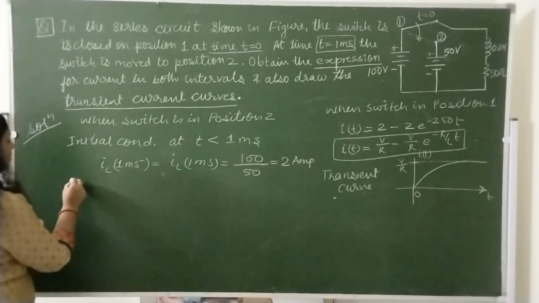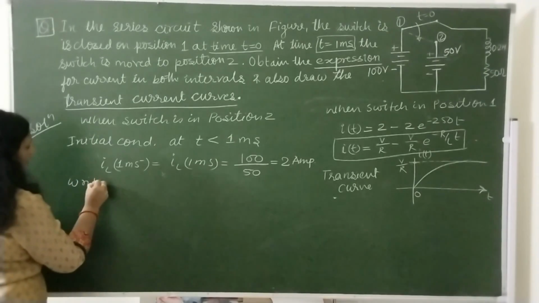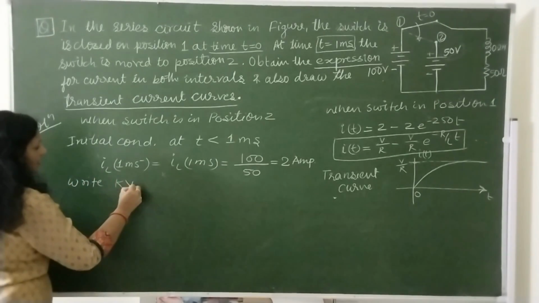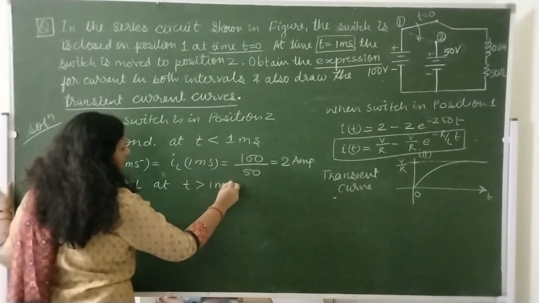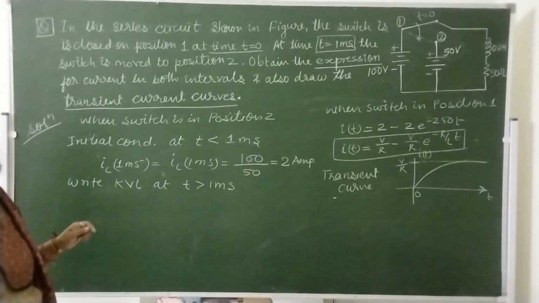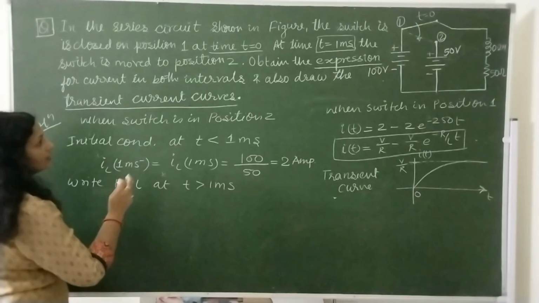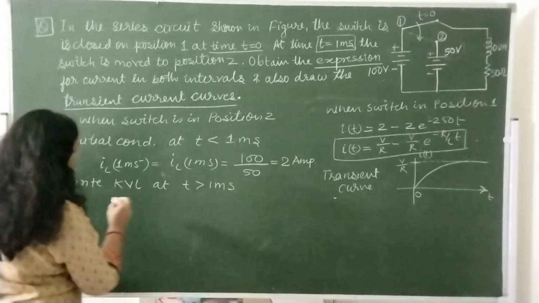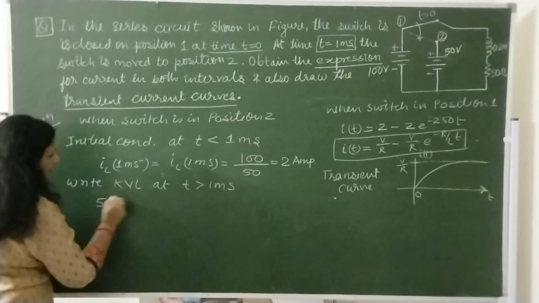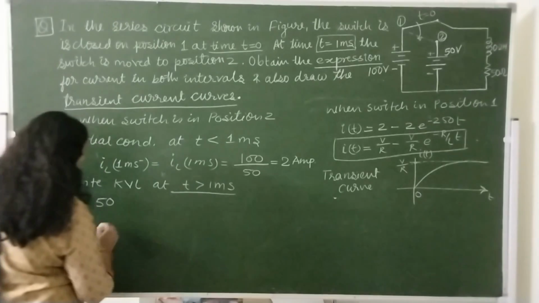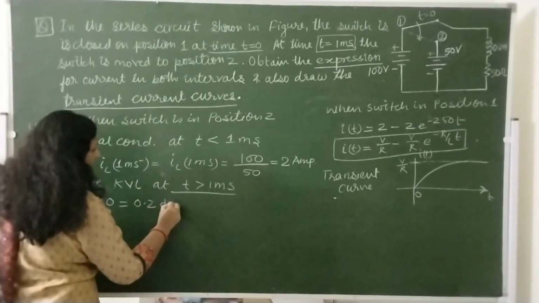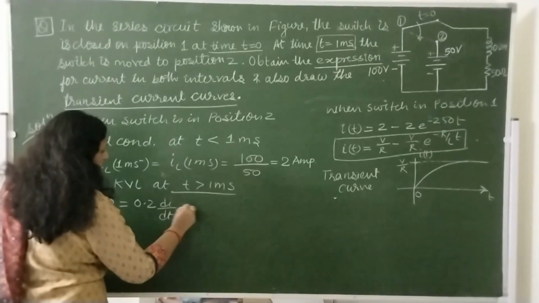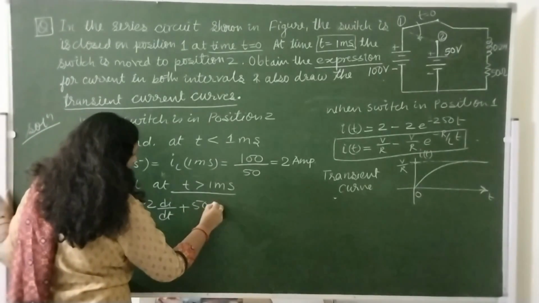Now we will write KVL at t greater than 1 millisecond to find the expression for IT. Here the circuit is now connected to the 50 volt source at t greater than 1 millisecond. So 50 is equal to 0.2 di by dt plus 50I.